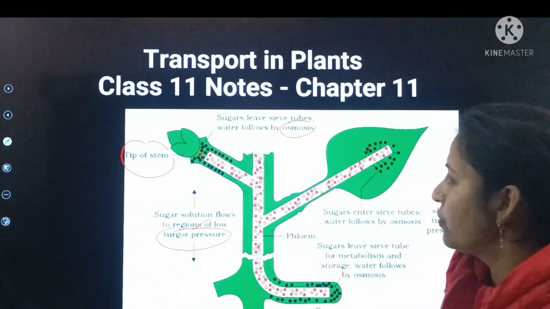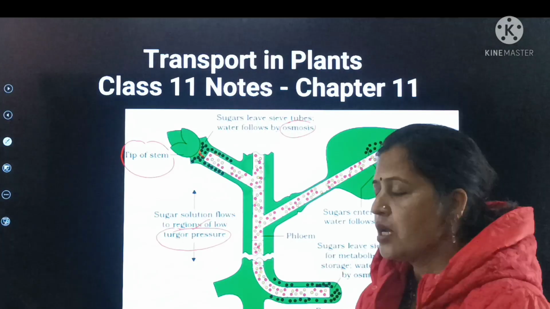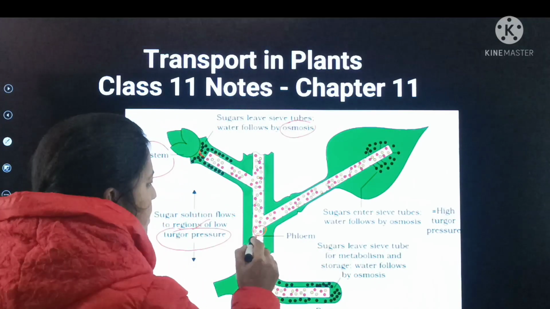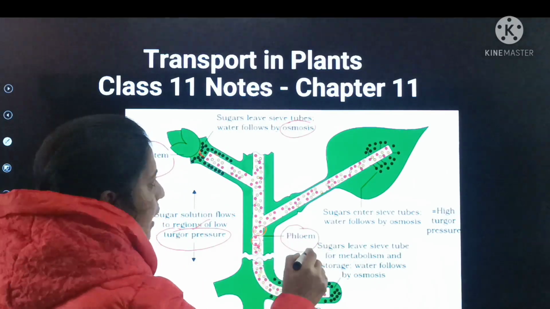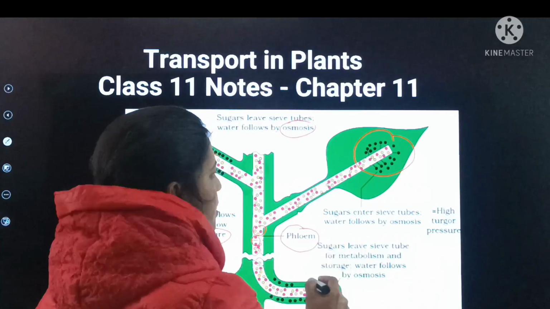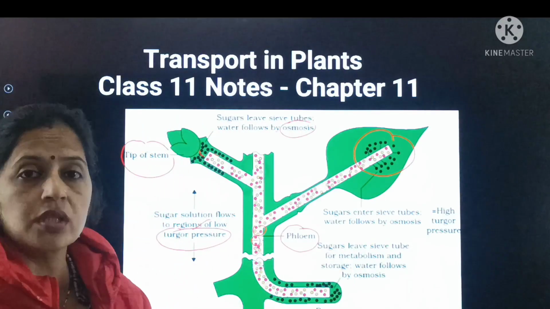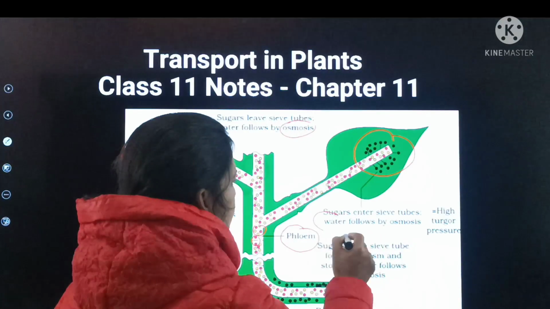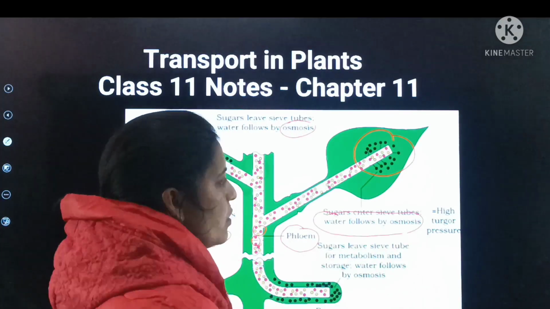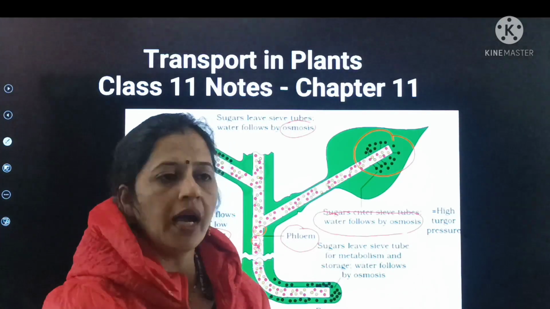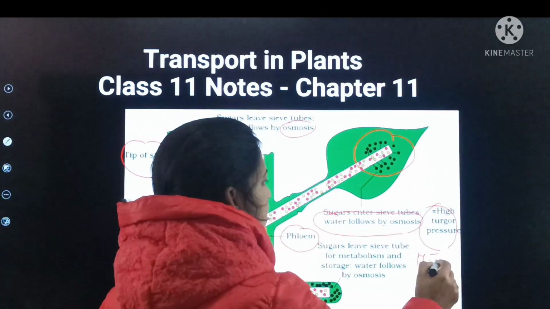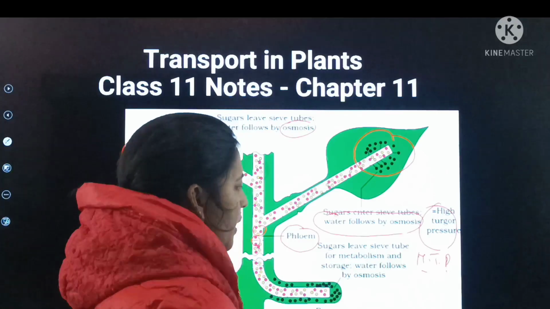The fluid and sugar enter the seed tubes, and water follows by osmosis. That is equal to the high turgor pressure.